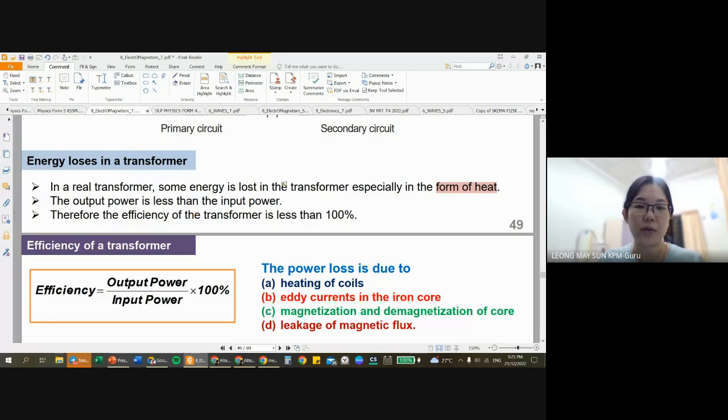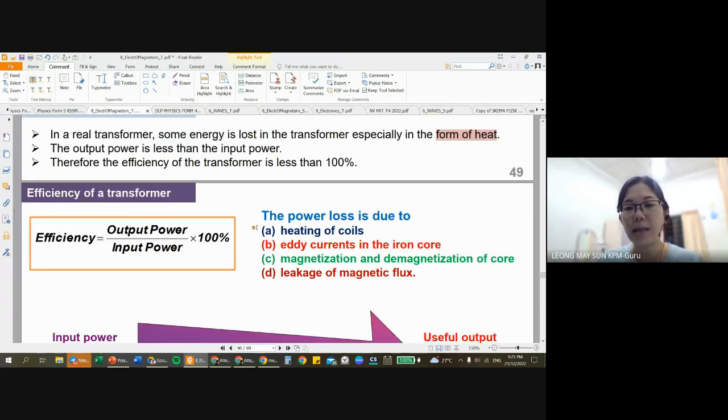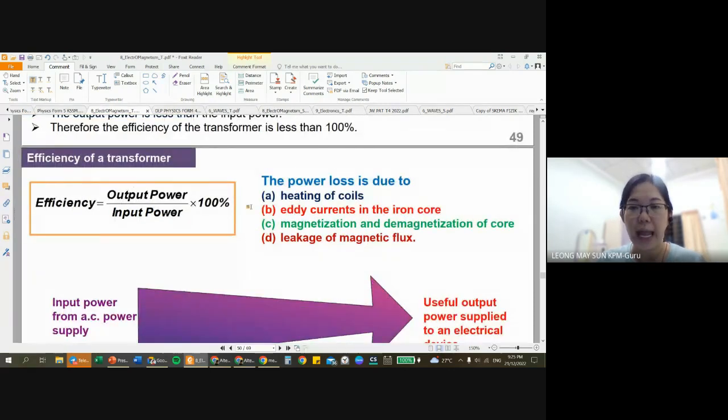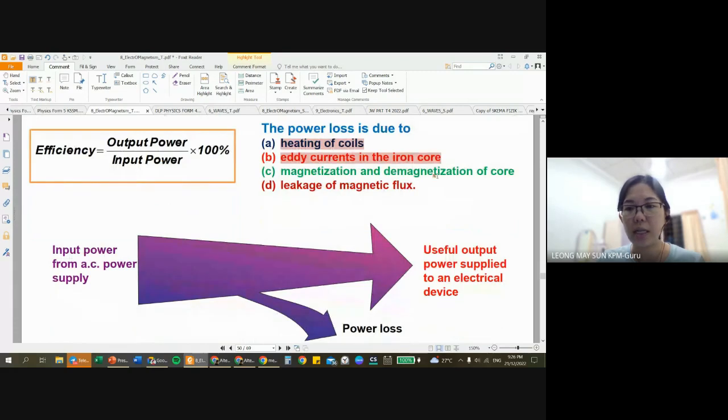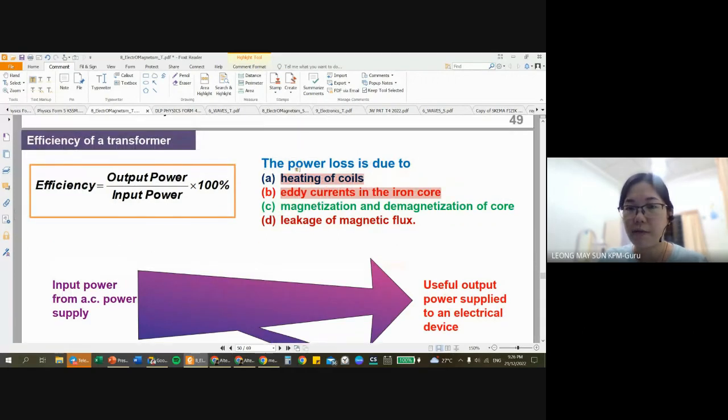Therefore, the efficiency of the transformer will always be less than 100%. So where does the energy loss go to? Energy loss is due to the heating of the coil, due to the eddy current of the iron core, due to magnetization and demagnetization of the core, and due to magnetic flux. So, in order to explain further regarding the power loss, I'm going to go back to the textbook because it's more comprehensive over there.